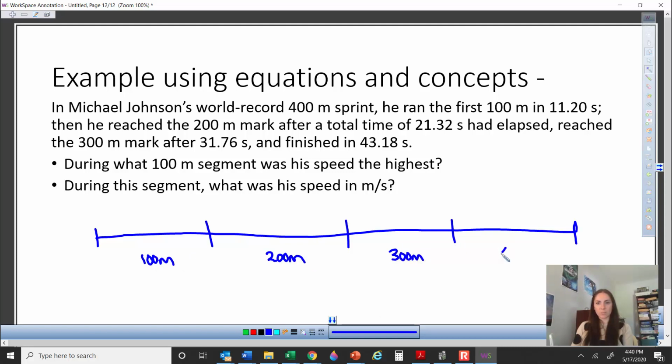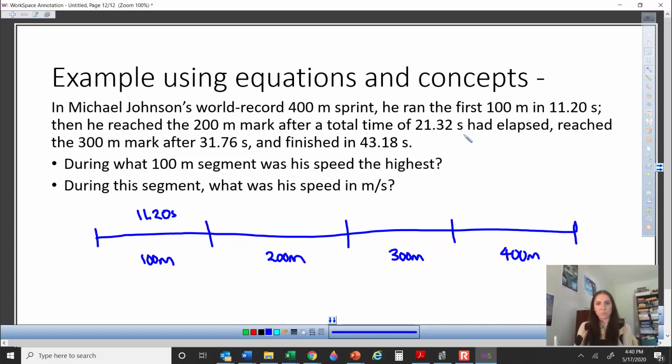I need to organize my information. The first 100 meters, they did in 11.20 seconds. Then he reached the 200 meter mark with a total time of 21.32.